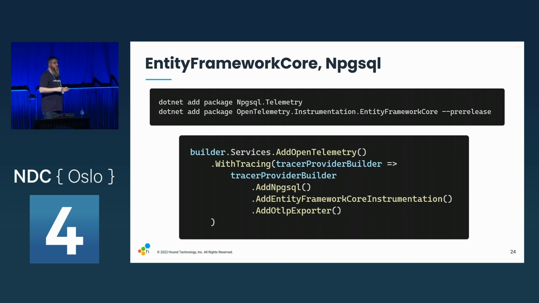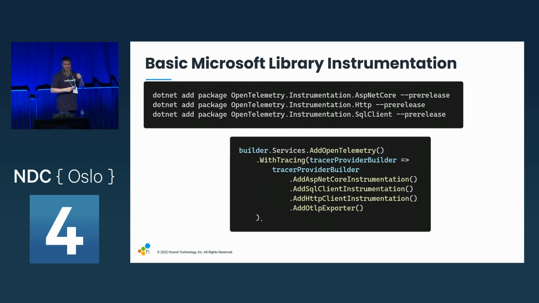Entity Framework Core does seem to be the new hotness now with all the performance improvements. So if you're using Entity Framework Core, you'll notice that this is pre-release. And if you notice on the one before, all of those are pre-release as well. This is because the semantic conventions, the names, those standards, haven't been ratified yet. They're very, very close.